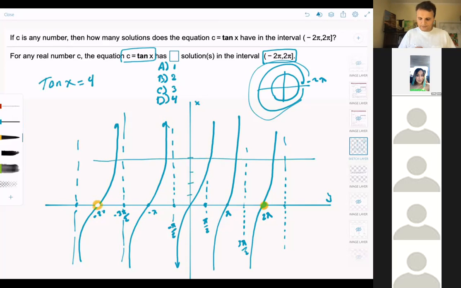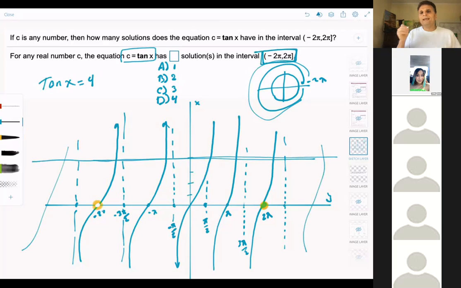How many times does this line cross the graph of tangent? I know there are more here, correct? But they said between this interval, negative 2 pi to 2 pi. So one of them is here, correct? Another one is here. There are ones less than negative 2 pi. We have here, we have here.